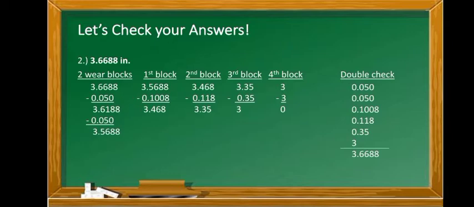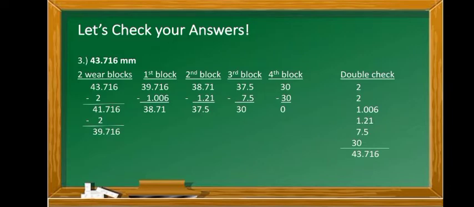So, again, double check by adding all the selected blocks. So, number 3. Using the 88-piece set of metric gauge blocks, build a stack for the length 43.716 millimeters.